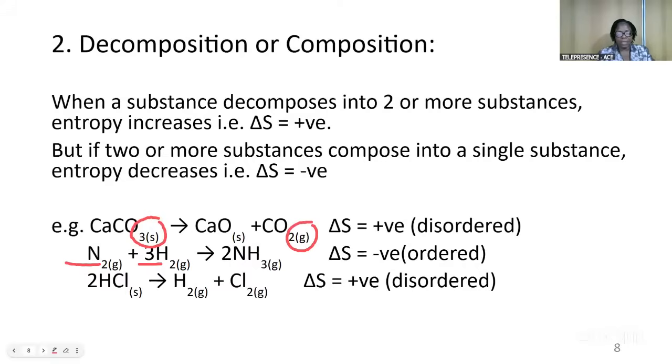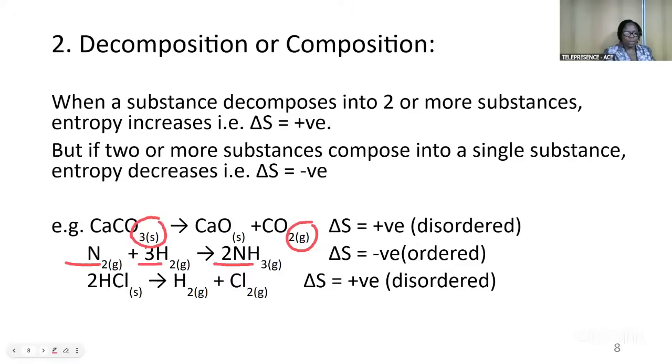All of them are in the same state, and that is how you consider the change in entropy. Here you have 2 moles of the product formed. So if 4 moles is giving you 2 moles, that is a composition, and so delta S is negative. You are bringing more order into the system. So 4 different moles or substances are compressed into 2. So that is a negative delta S.